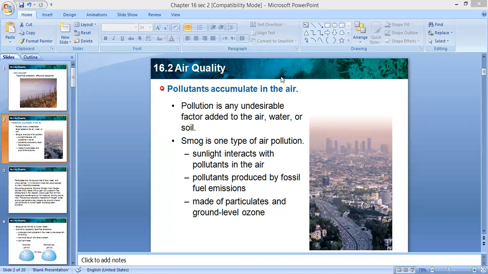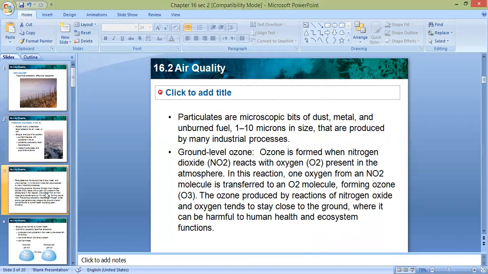And the other thing is ground level ozone. This ground level ozone is a gas. How does it form? When you burn fossil fuels, many gases will come out, like nitrogen dioxide, sulfur dioxide, and carbon dioxide and monoxide, many gases come out. Now this ozone is important to protect us from the sunlight, the ultraviolet light from the sun.